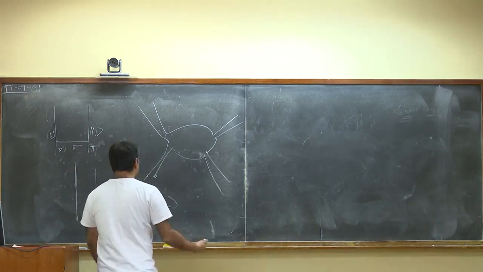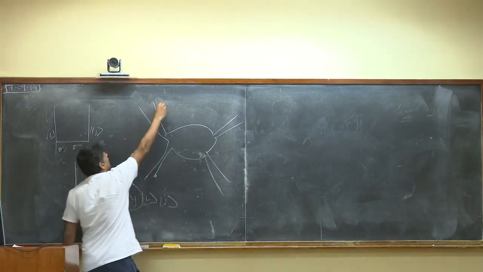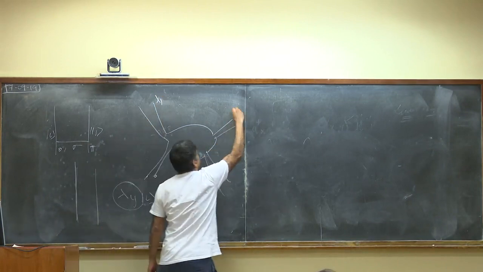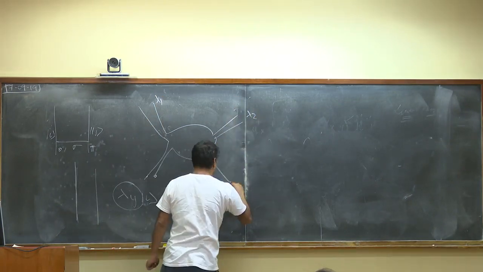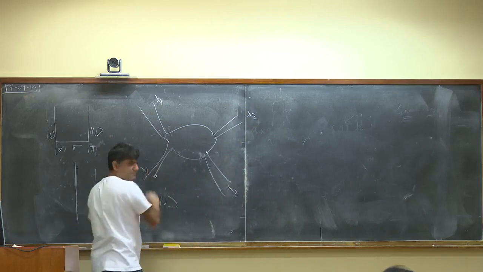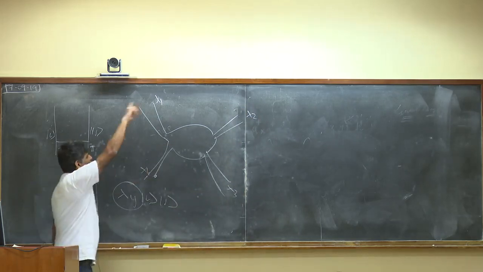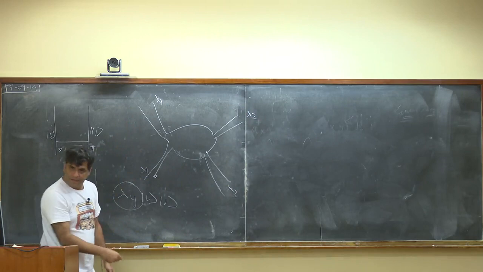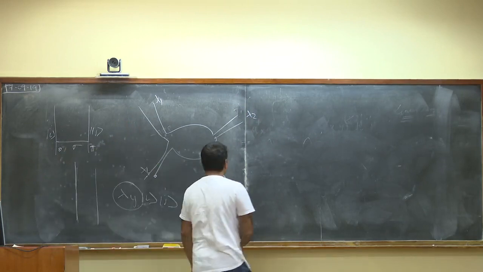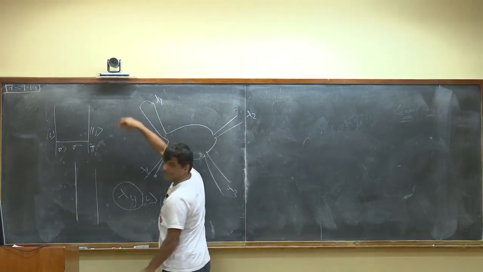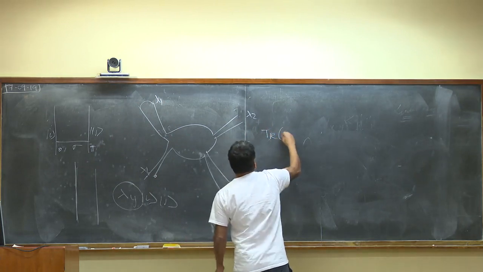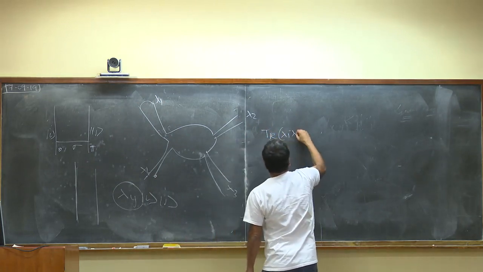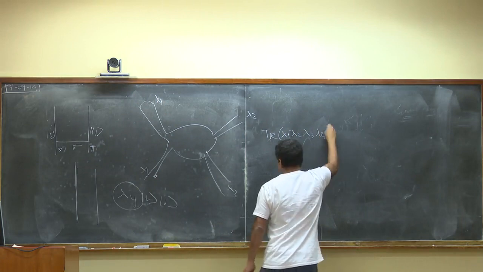And as we discussed in the last class, suppose we had lambda 1 here, lambda 2 here, lambda 3 here, and lambda 4 here. Then the full dependence on lambda, because of this structure, is trace of lambda 1, lambda 2, lambda 3, lambda 4.